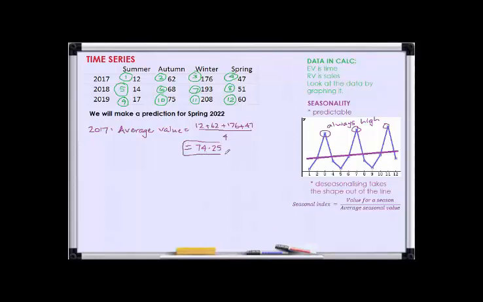And that means to calculate my seasonal indices, I will put each of these numbers over 74.25.